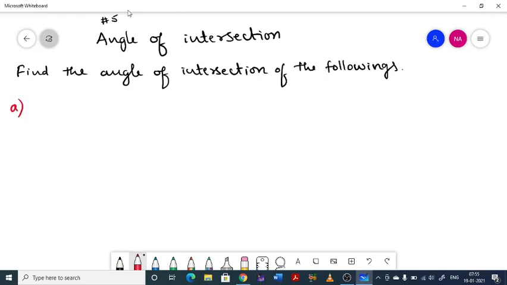The first one I am going to consider is r equal to sin theta plus cos theta and r equal to 2 sin theta. So this is the curve I am going to consider first.